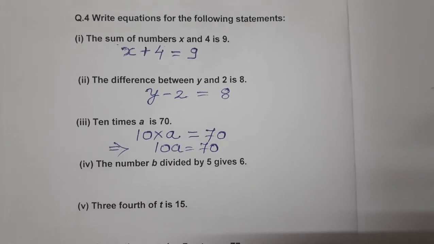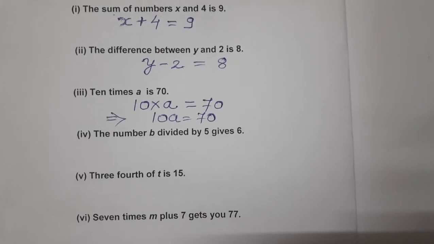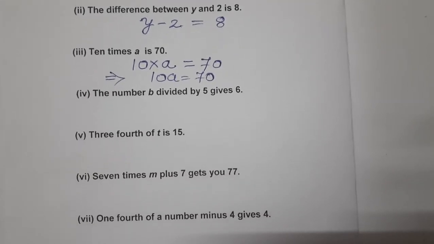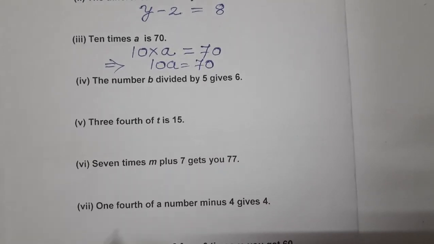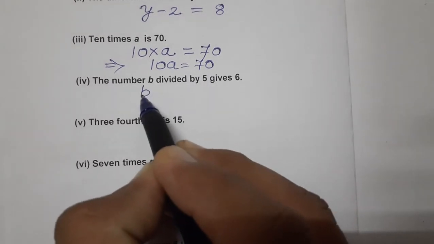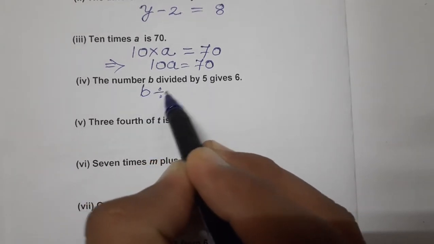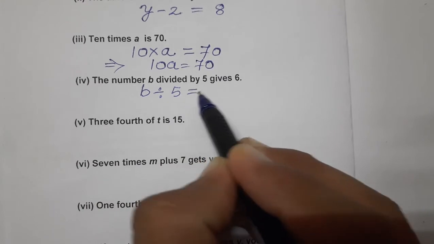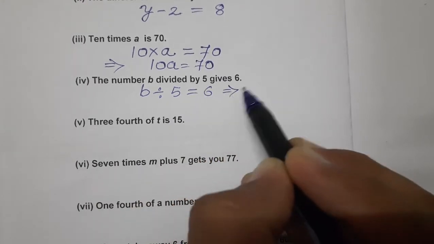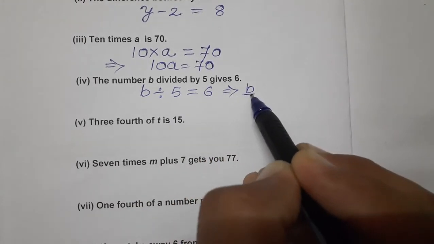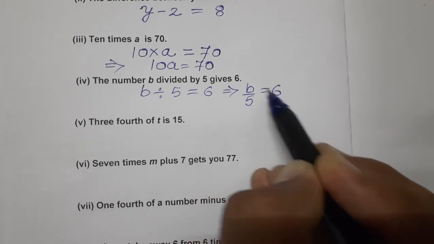The number b divided by 5 gives 6. Divided by 5 gives means equals to 6, or we can write in fraction way, b by 5 equals to 6.